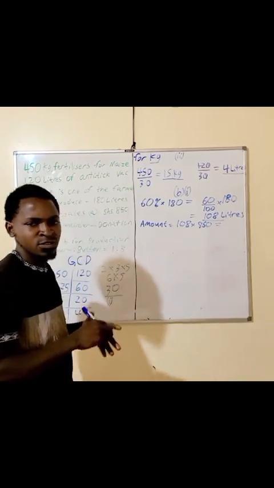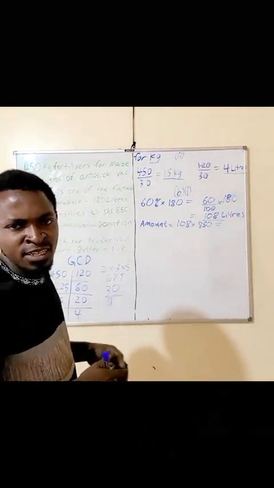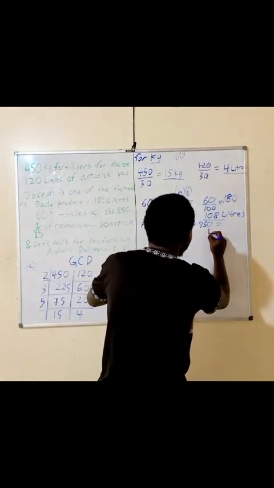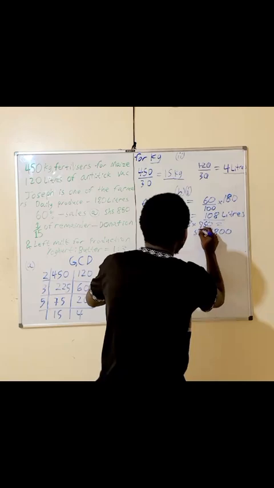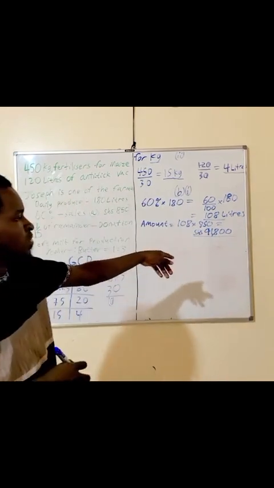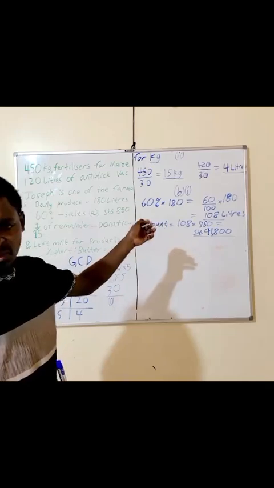What is the answer if you place it on your calculator? According to me, the answer I'm having is 91,800. So he collected 91,800 shillings. Don't forget to include the units.